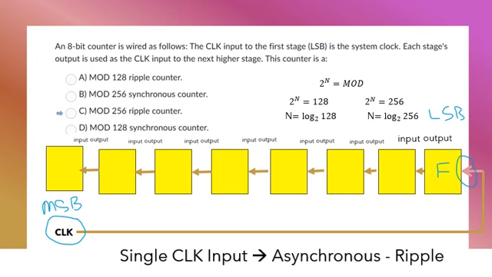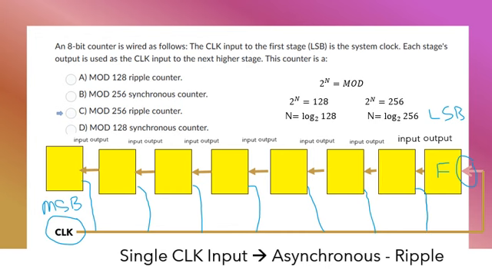Let's do a review here. If you have your clock going into each stage like this, at the same time, that would be synchronous. My drawing's not very good, but you get the idea.